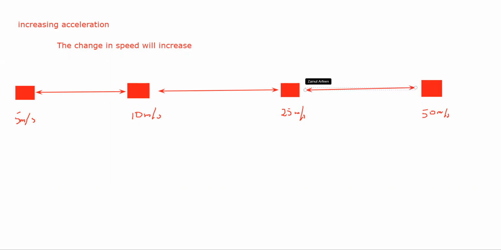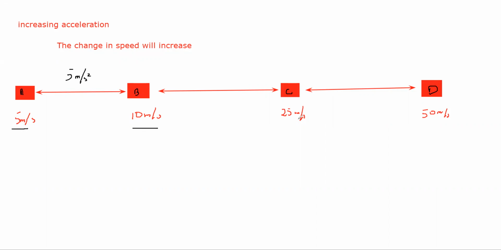So this is point A, B, C, and D. So speed was 5, it became 10. So what is the acceleration when 5 changes to 10? It is 5 meter per second square.